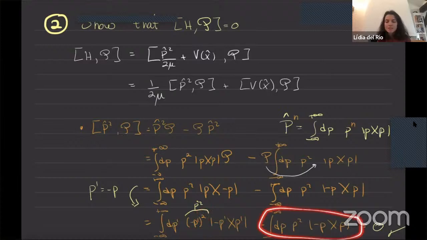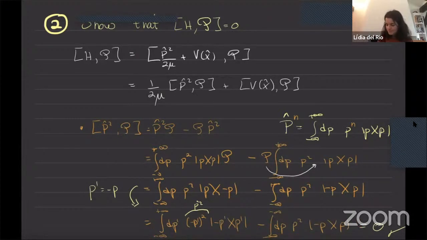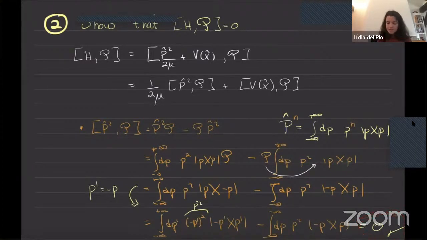And now, of course, what matters here is that this function p squared is even again. So minus p squared is the same as p squared. So then these terms are exactly the same, right? So they cancel out, we get 0. So this term of the commutator is 0.